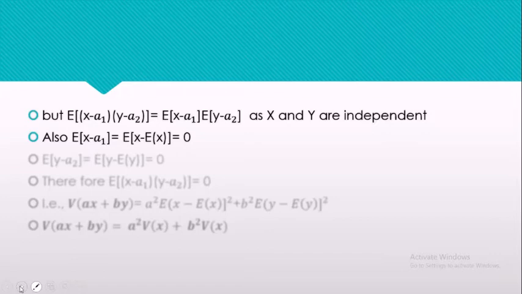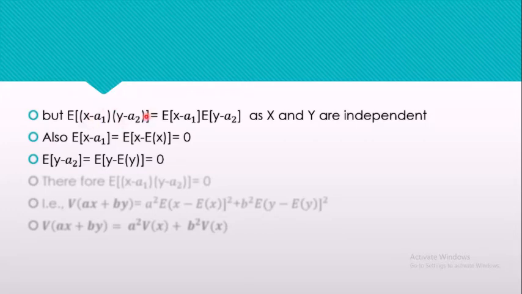Again, when I consider expectation of (y minus a2), and if I take expectation inside, again I get this term as 0. So in short, this whole term, that is expectation of (x minus a1) into (y minus a2), is 0.